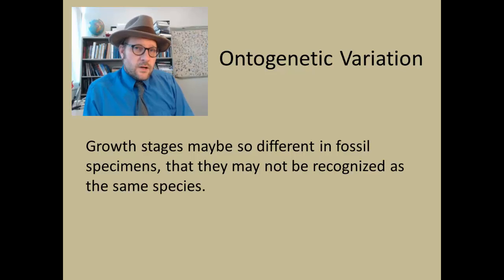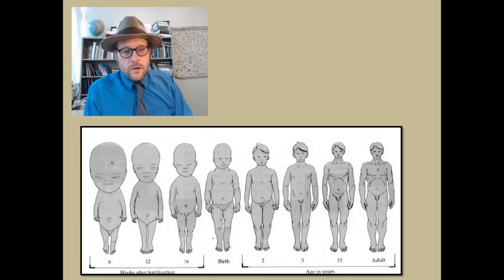So ontogenetic variation deals with the growth stages and how we might be able to recognize those growth stages in the fossil record. So it doesn't necessarily need to be as extreme as we see with the insects like ladybugs. This is a growth series showing humans, our own species, basically using the same proportions to show how different parts of our bodies change as we age and get older and we grow.